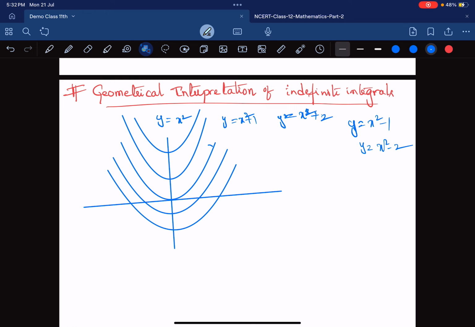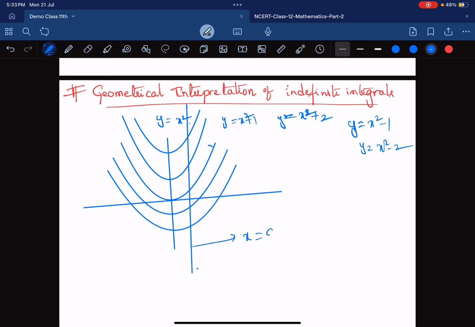Now draw a straight line at x is equal to a. The equation of the line is x is equal to a. This is the point x equal to a. At the point of intersection with the graphs, it makes tangents.